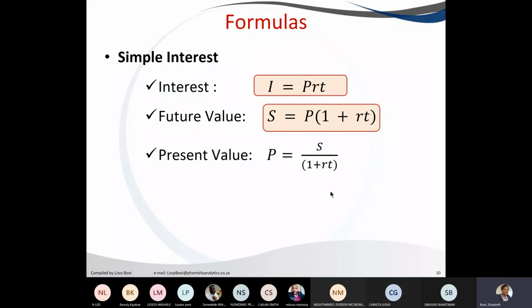So for simple interest, this is the formula to calculate interest. This is the formula to calculate future value. And when you have the formula to calculate future value, you are able to make any of these other values the subject of the formula. You can change your subject of the formula from being an S to being a P, or R, or a T.